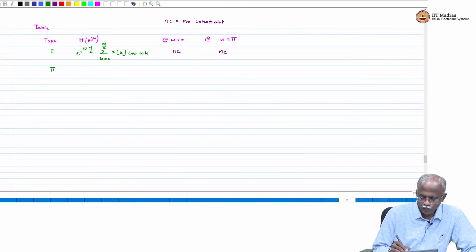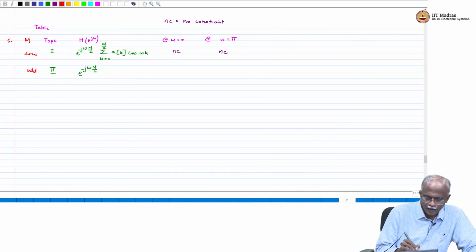A type 2 linear phase system will have e^{-jωM/2}. Maybe it's good for us to write down what is the value of M. In this case M was even, in this case M was odd. The symmetry, this is even symmetry, this was also even symmetry.